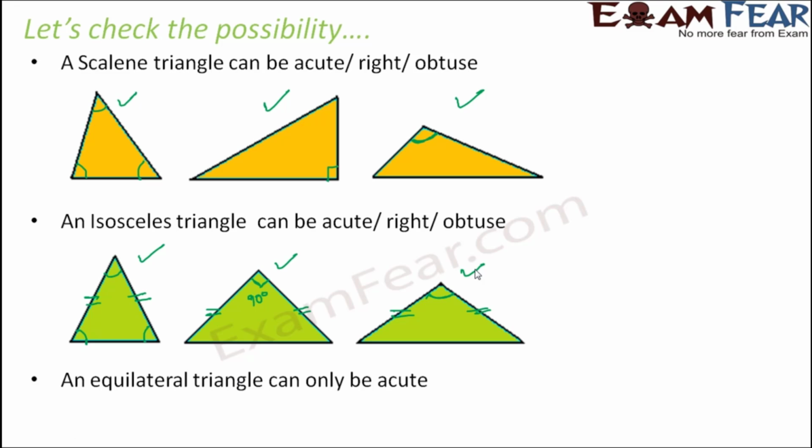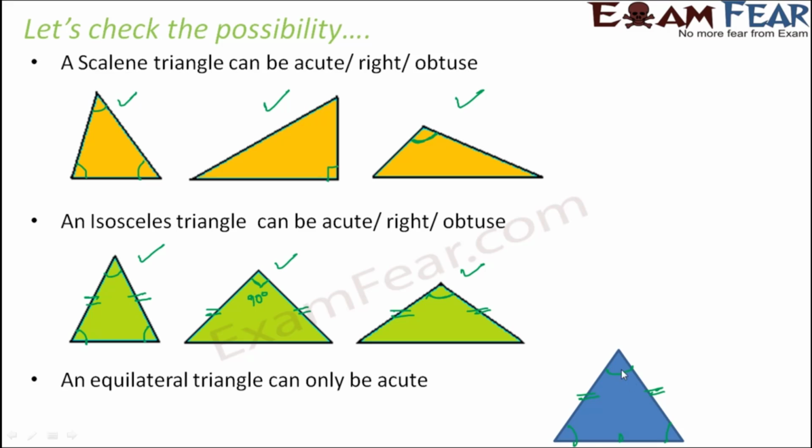When it comes to an equilateral triangle, an equilateral triangle can only be acute because in an equilateral triangle all the three sides should be equal, all the three angles should be equal. Now for all the three angles to be equal, they need to be less than 90 degrees because the sum of the three angles should be 180 degrees.